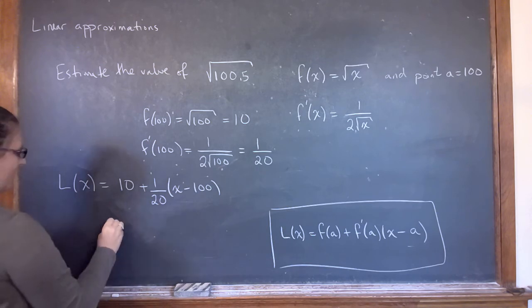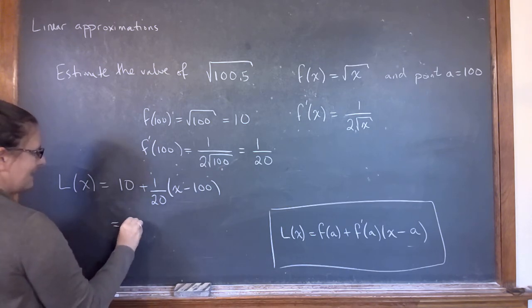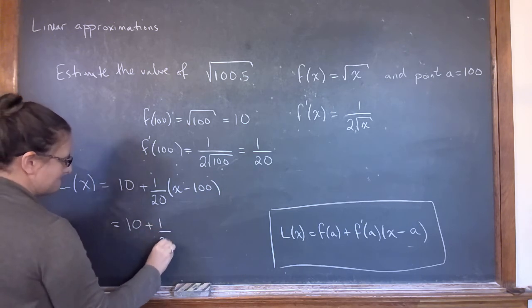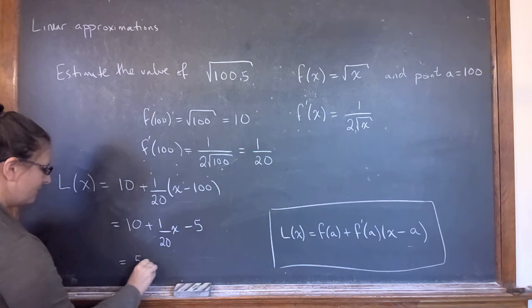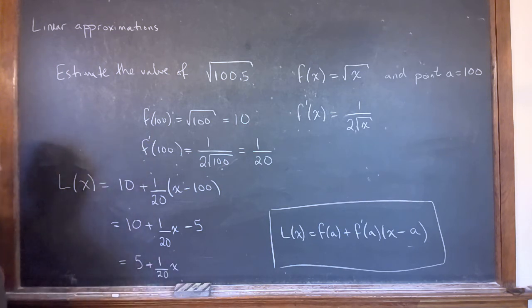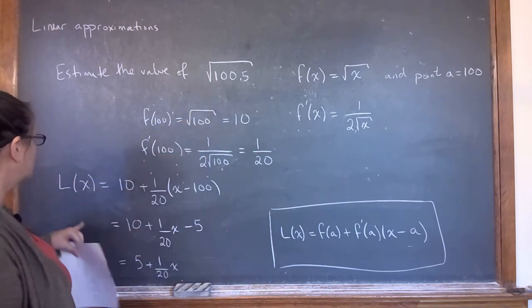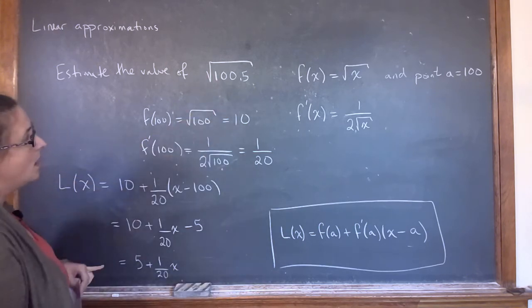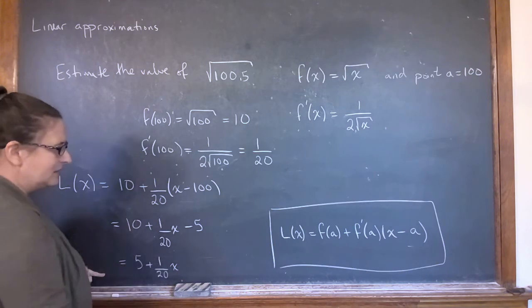So that's just 5. I end up with 10 plus 1/20 x minus 5, or 5 plus 1/20 x. So if I want to compute this number, because it's close, rather than the square root of it, I can just compute L of it, the linearization.